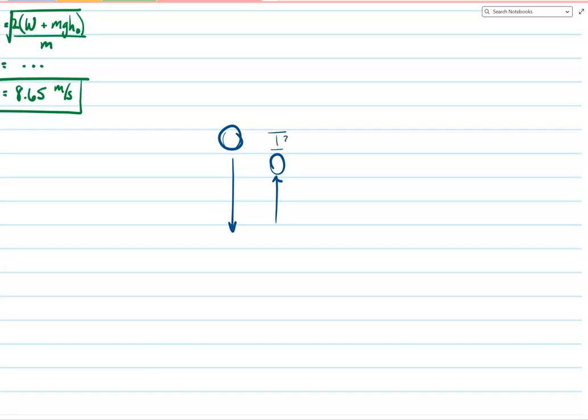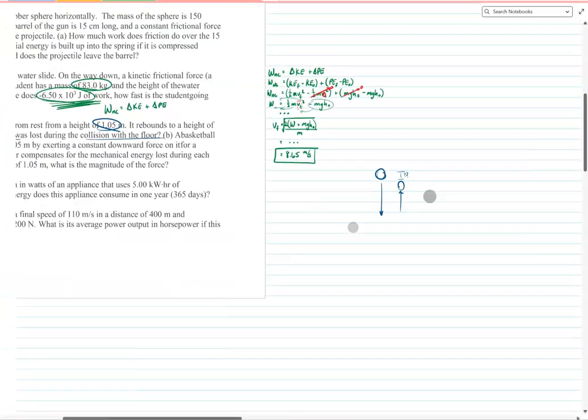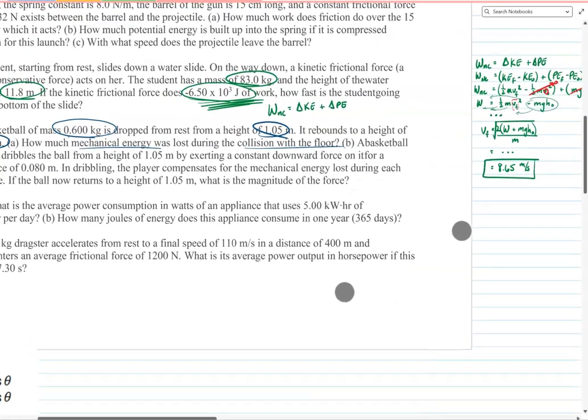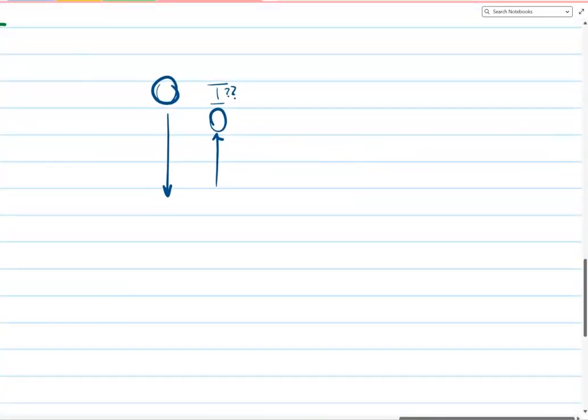This amount of difference can be accounted for by energy loss. And that's the math that we're effectively going to compute with this particular problem. So here we go with it.